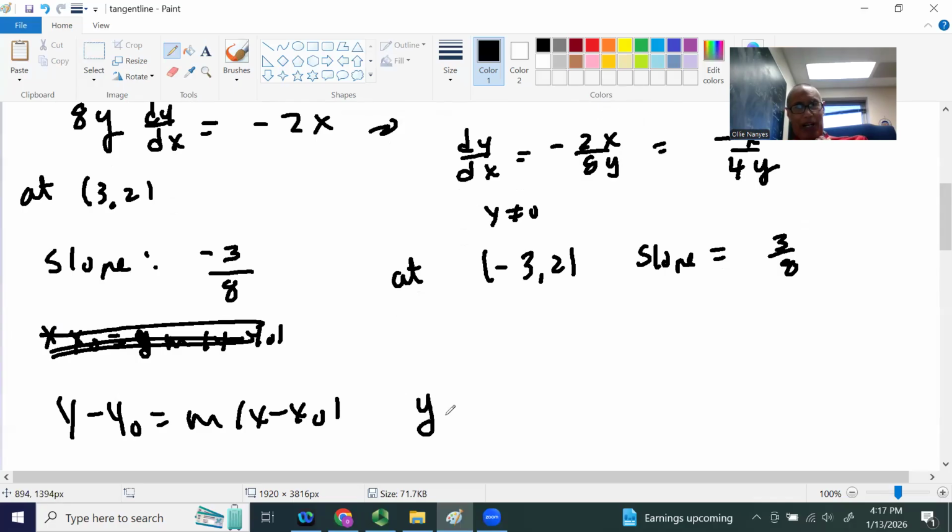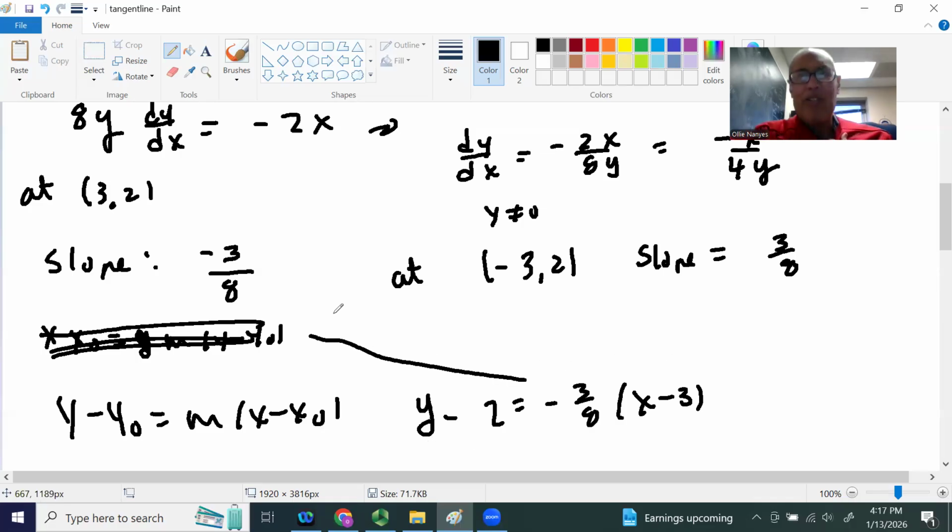So at this first point we have y minus 2 is equal to minus 3/8 times x minus 3. That's this line. Let's do the next one. The second equation is going to be y minus 2 is equal to positive 3/8 times x minus a minus 3, which is x plus 3.